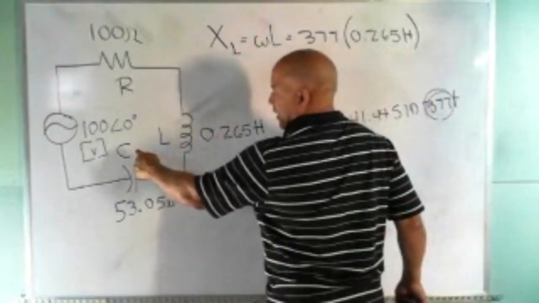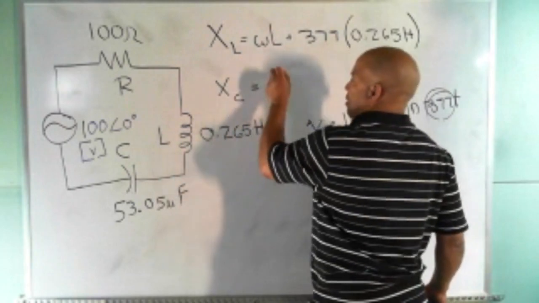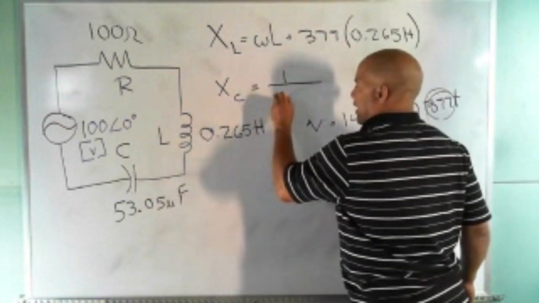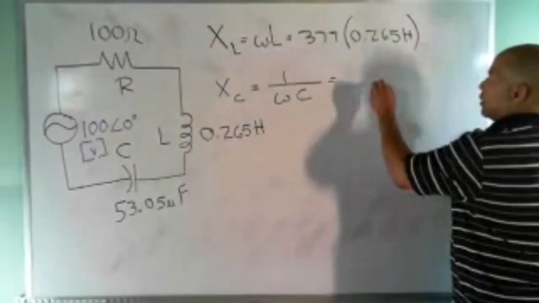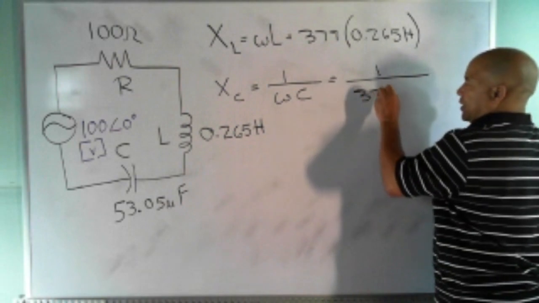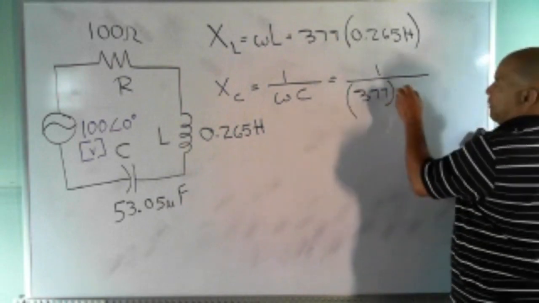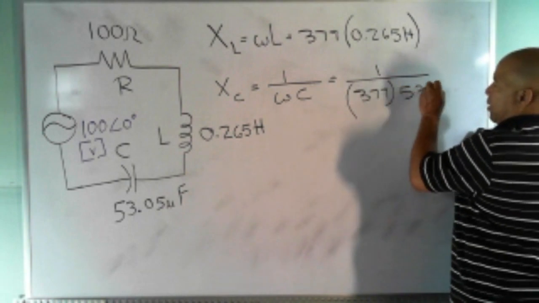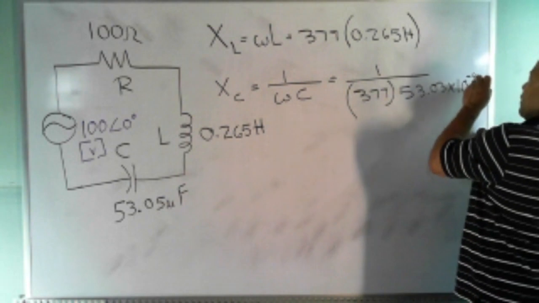I want to convert that to XC by doing this one: 1 over omega C. It's going to be 1 over 377 times 53.03 times 10 to the minus 6 farads.